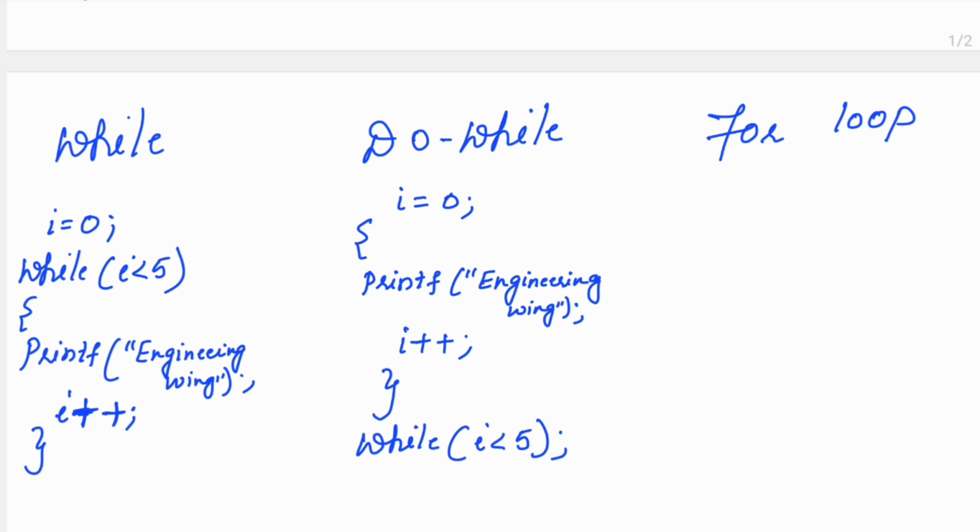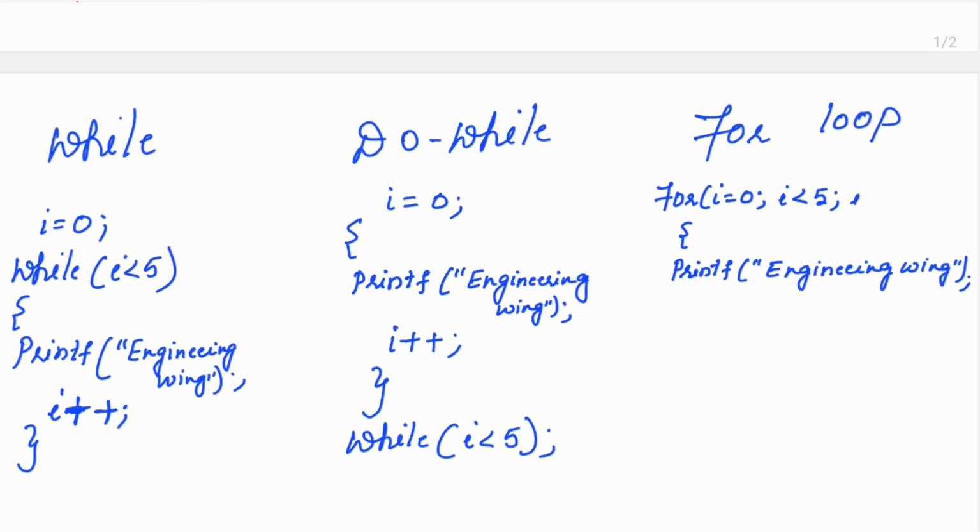Now for the for loop, first using the keyword, you are carrying out the initialization and the testing. See, the updating of the variable you write here, but normally the compiler will first execute the body of the loop, then it will update the value. That's why I am writing it later only.